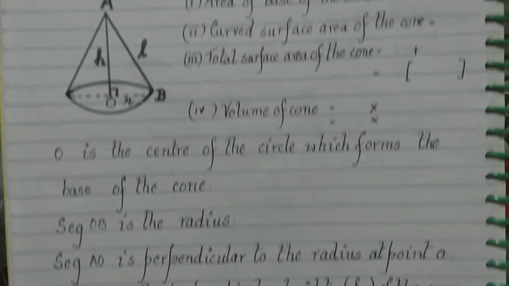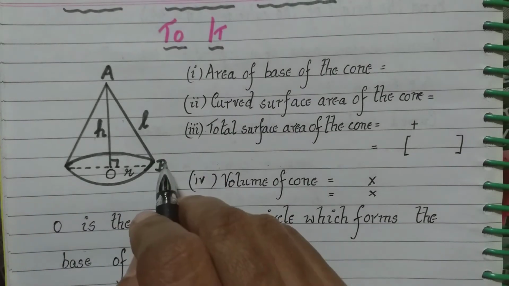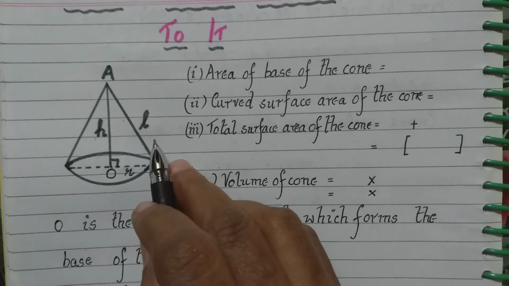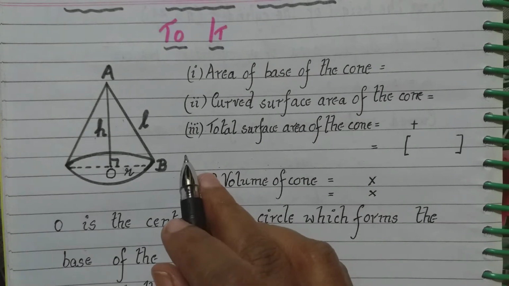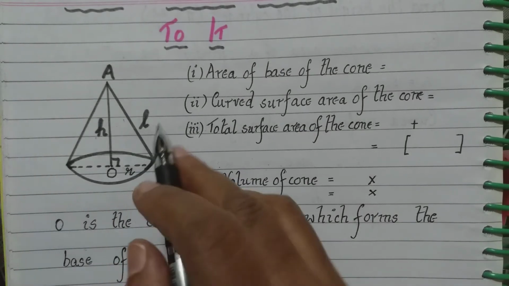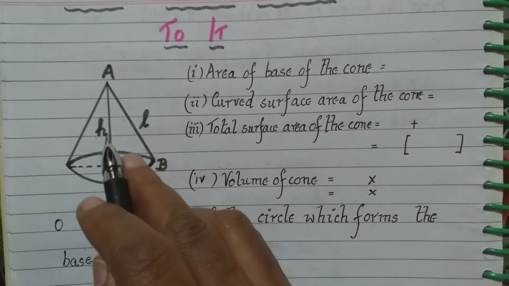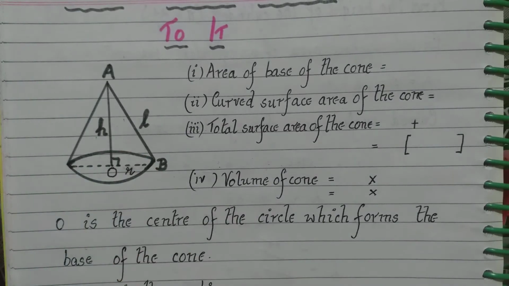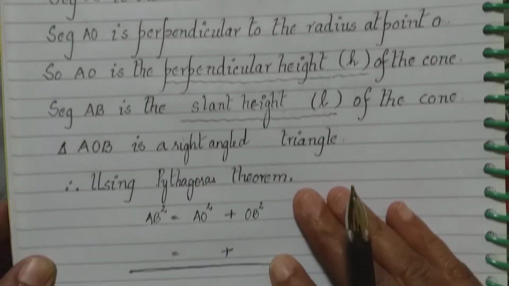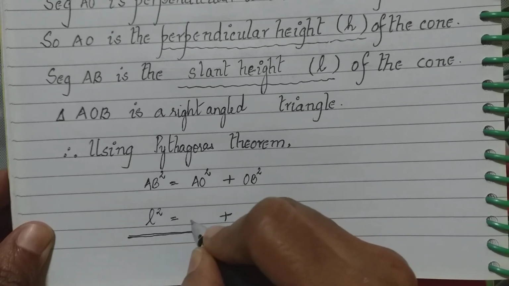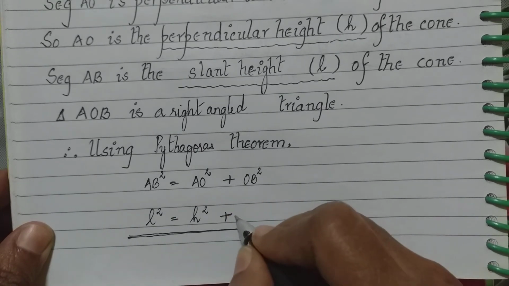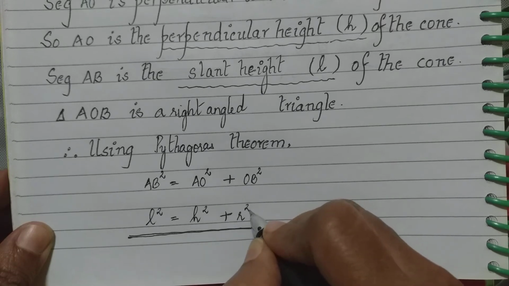But what are AB, AO and OB? AB is L, AO is H and OB is R. Therefore this becomes L square is equal to H square plus R square. So we can write here L square is equal to H square plus R square.